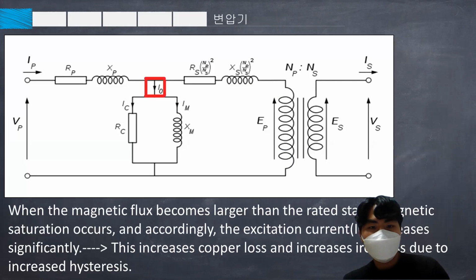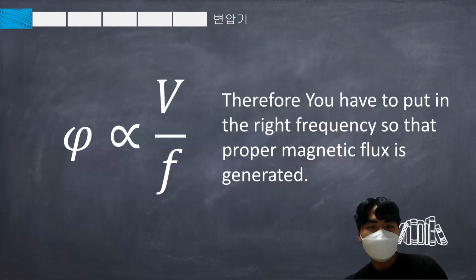When the magnetic flux becomes larger than the rated state, magnetic saturation occurs, and accordingly, the excitation current increases significantly. This increases copper loss and increases iron loss due to increased hysteresis. Therefore, you have to put in the right frequency so that proper magnetic flux is generated.